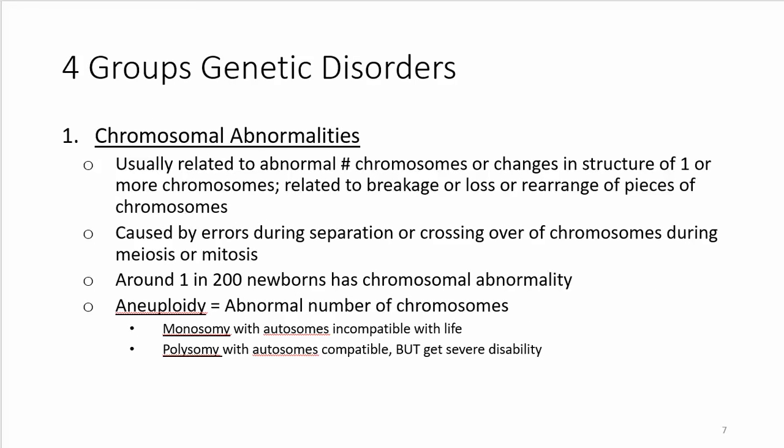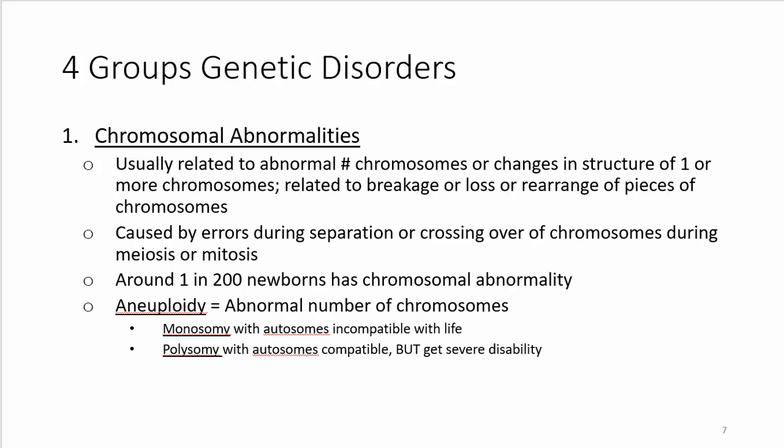Okay, so when we talk about genetic disorders, we're going to talk about four groups of disorders. The first ones are the chromosomal abnormalities, and this is screw-ups with meiosis and mitosis.